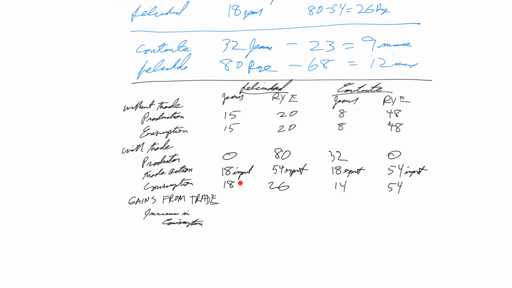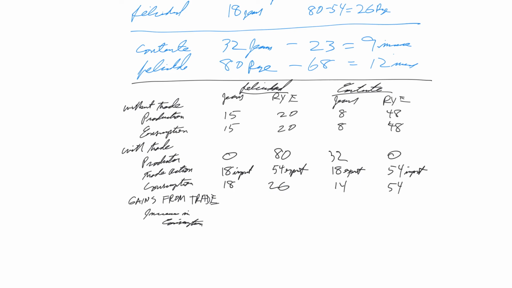Now they're consuming 18. So the gains from trade are 18 minus 15, which is 3. Before trade, Felicidad was consuming 20 rye. Now they're consuming 26 rye. A gain from trade of 26 minus 20, or 6.